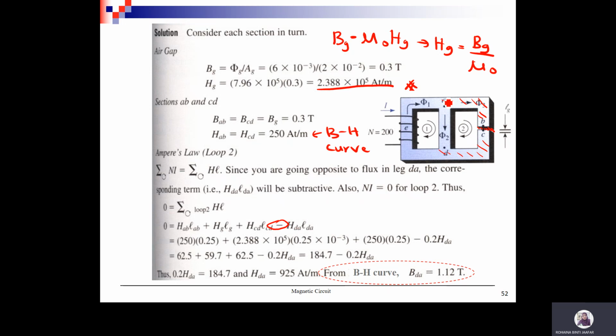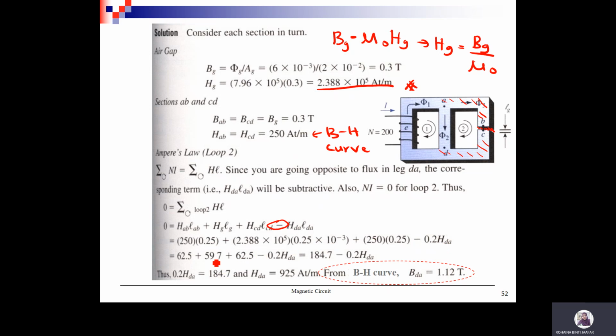So HDA LDA. Okay, so HAB 250 times 0.25, the length of AB given, plus HGLG, so HG 2.388 times LG, also given, and then plus HCD 250 times LCD given 0.25, minus 0.2, given L of DA, times HDA.